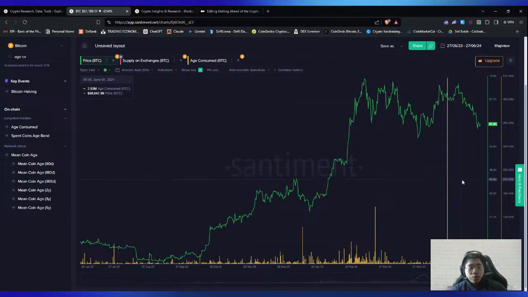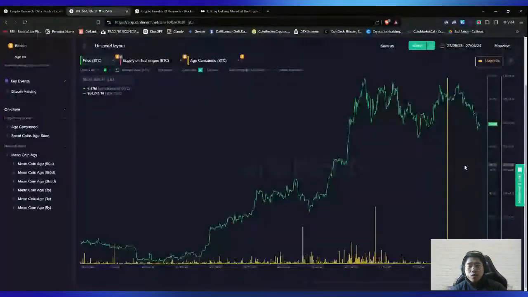And if we look at the other spikes in the graph, for the recent spikes, we could see that the spikes on June 11 and June 21 all resulted in negative price action for BTC. So this metric could return us a bearish sentiment using the age consumed parameter.